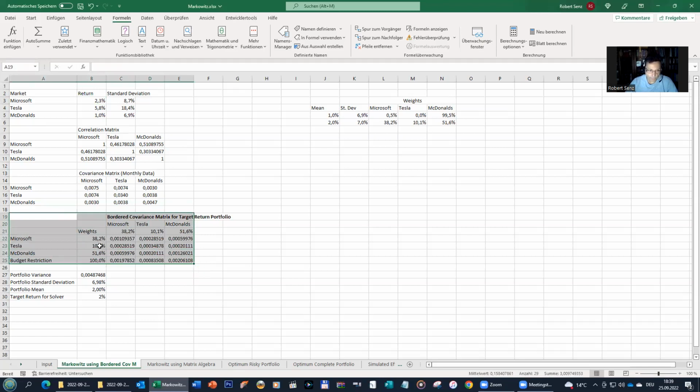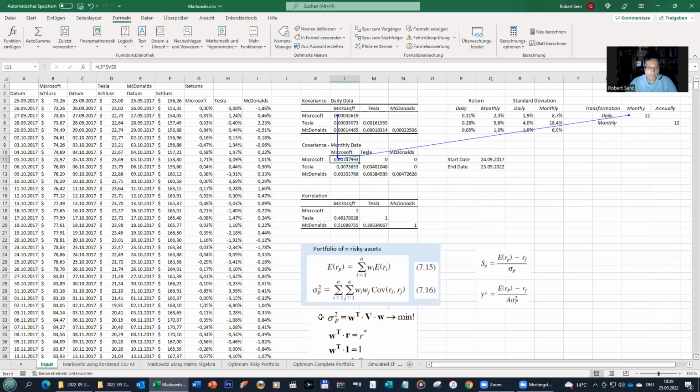It's important to know that all these weights add up to 100%. So this is why I put in this little formula here. This is simply transposing these weights, so they are linked. And this is just applying this little nasty formula here.